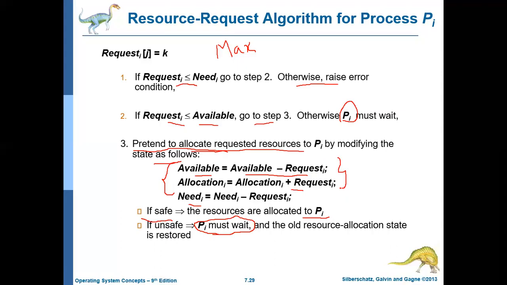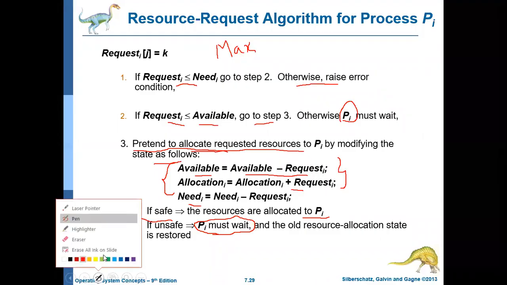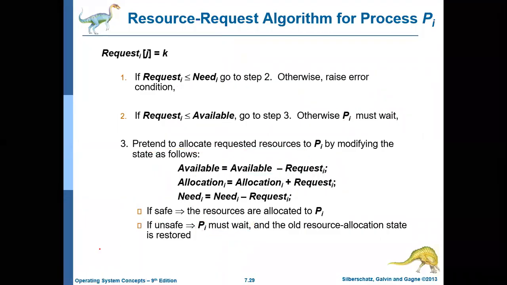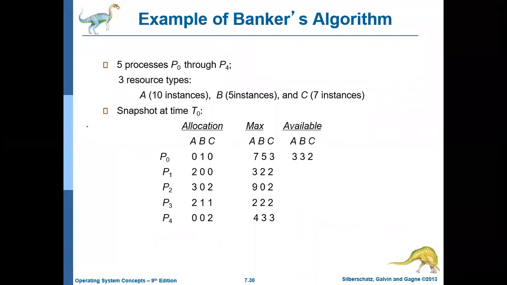So basically there are two algorithms. One is the safety algorithm, the other one is the resource request algorithm. Now let us try to understand Banker's algorithm with an example. Say we have 5 processes which are numbered from P0 to P4, and there are 3 resource types available with the operating system.